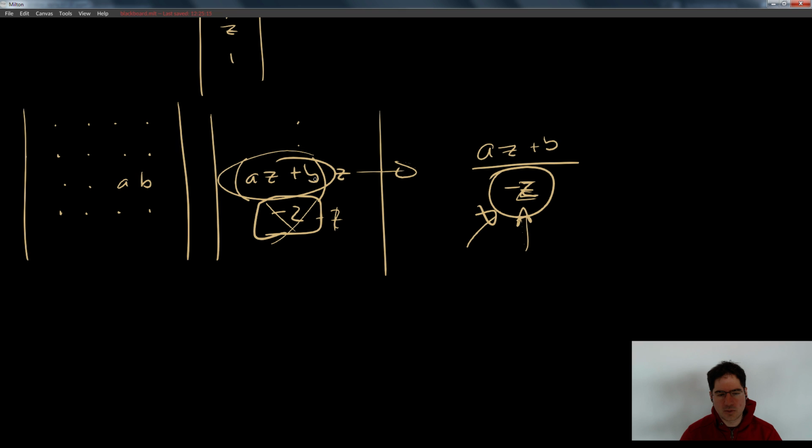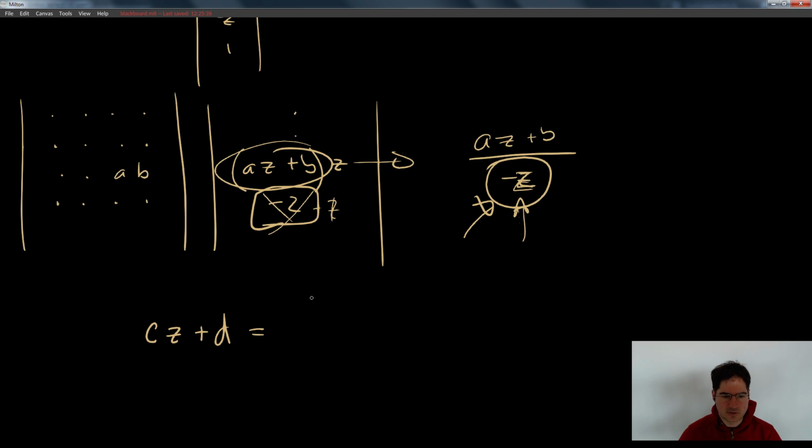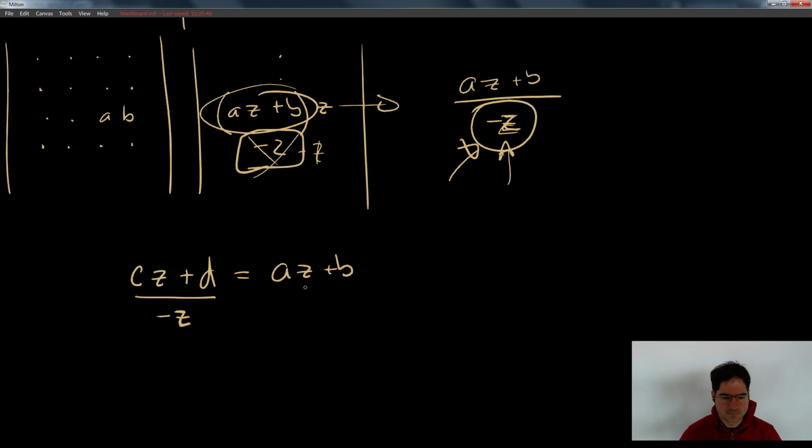And so what we might say here is, okay, so we've got our c, we've got cz plus d, let's say, and we want that to equal, I guess we should say we have cz over z. And we want that to equal our az plus b, right?